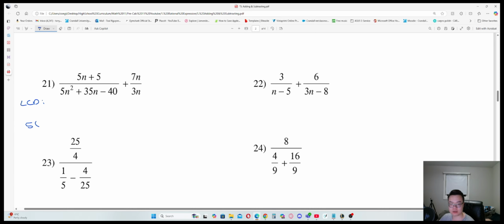So let's solve down here: 5n squared plus 7n minus 8, and I need to find if it actually works. So 5n minus 1 plus 8. Yes, it does work. So I put the factors for the lowest common denominator, and 3n will come together because we combine the two denominators.